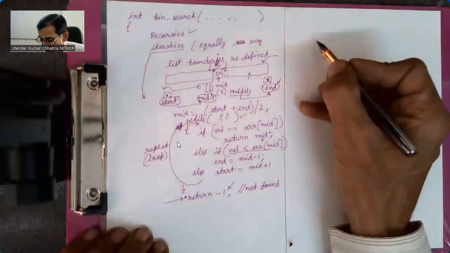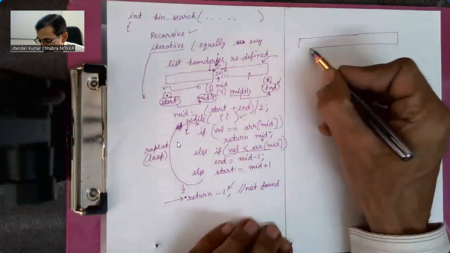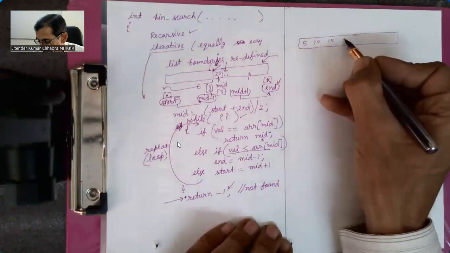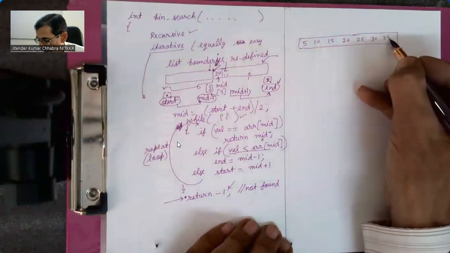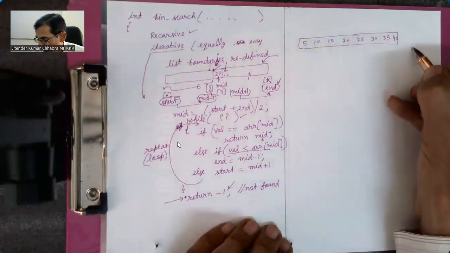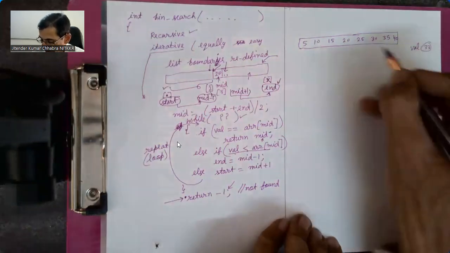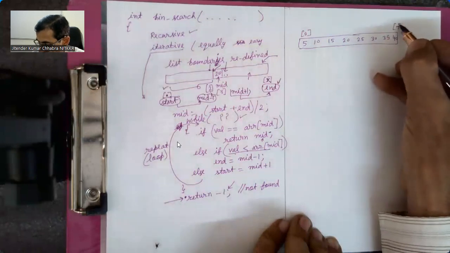The reason is simple. Let's say I was searching for some value 33 instead of 35. Let's take 33. Say the val to be searched is 33. What will happen? This is 0. This is 7.